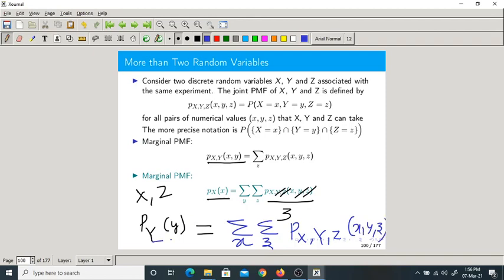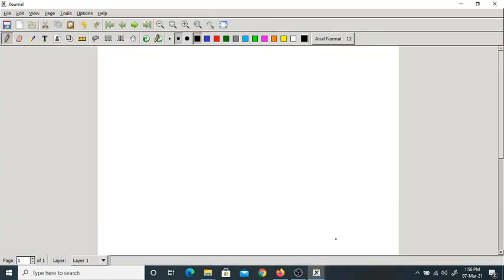You get Py of y. How to get Pz of z? We have three random variables x, y, and z. I want Pz of z, so I want to eliminate x as well as y.